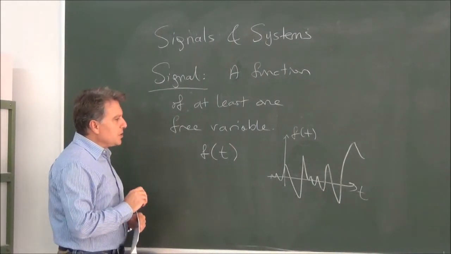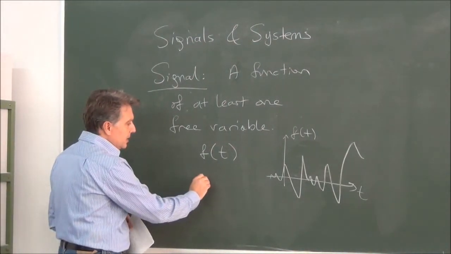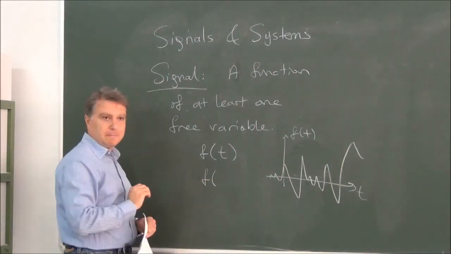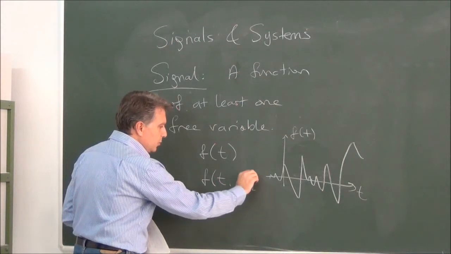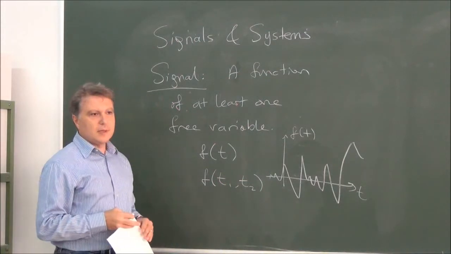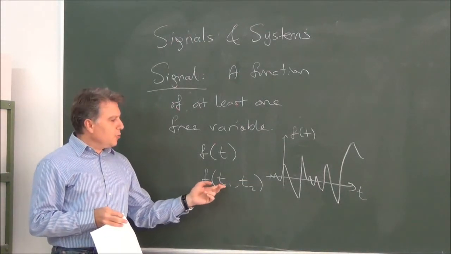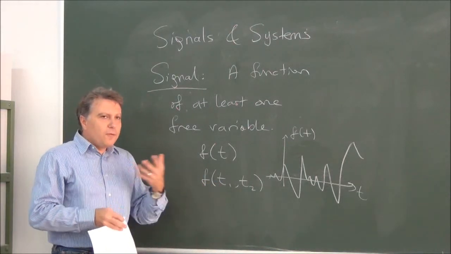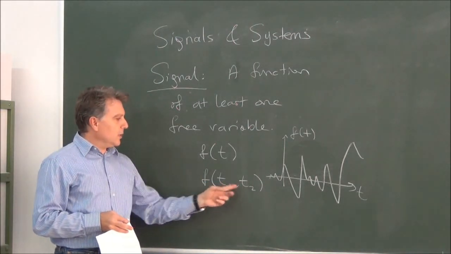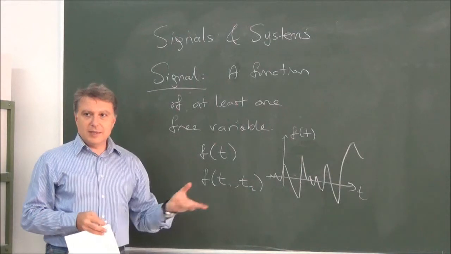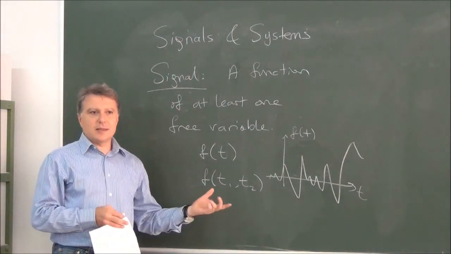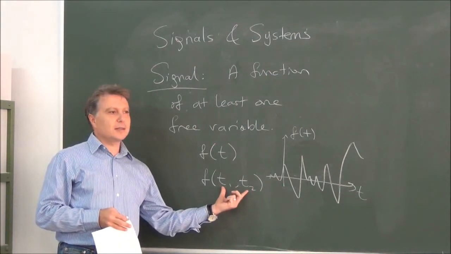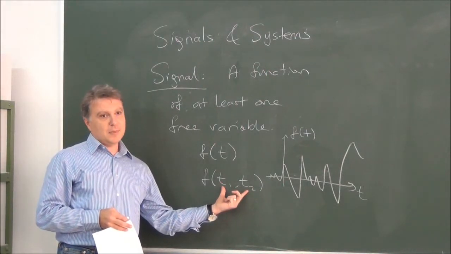That is one-dimensional. A two-dimensional signal, for example, could be f of t1, t2. This is two-dimensional. You may find it surprising or confusing when I say t1 and t2, because if t is time, what is time 1 and what is time 2? It makes no sense if these two variables are time variables in two dimensions.